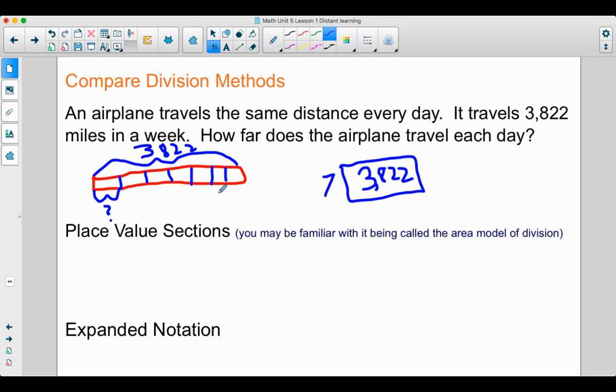All right, now place value, one method is place value sections. You may be familiar with this being called the area model of division. So I have 3,000, and that's because it comes from the area model that I drew here.